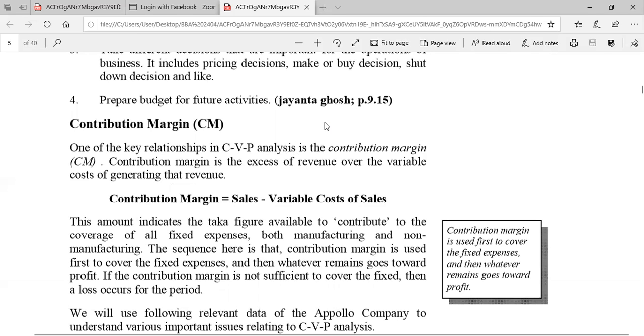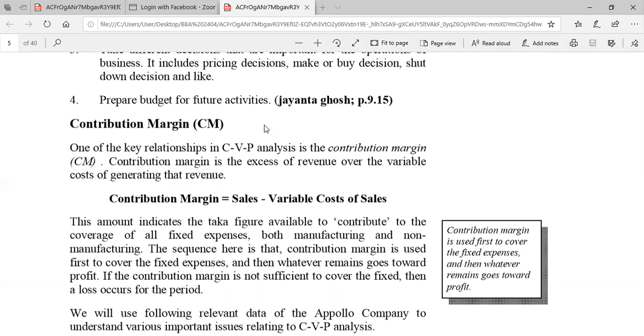Then if we analyze the CVP, cost volume profit analysis, we must calculate the contribution margin. Without contribution margin, we cannot analyze the CVP. So what do we mean by contribution margin?